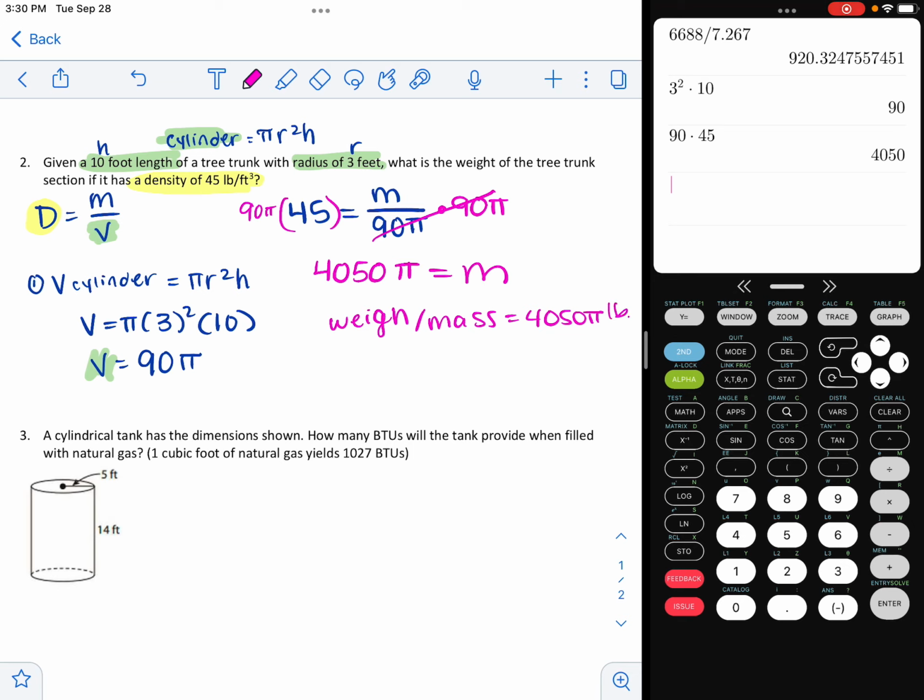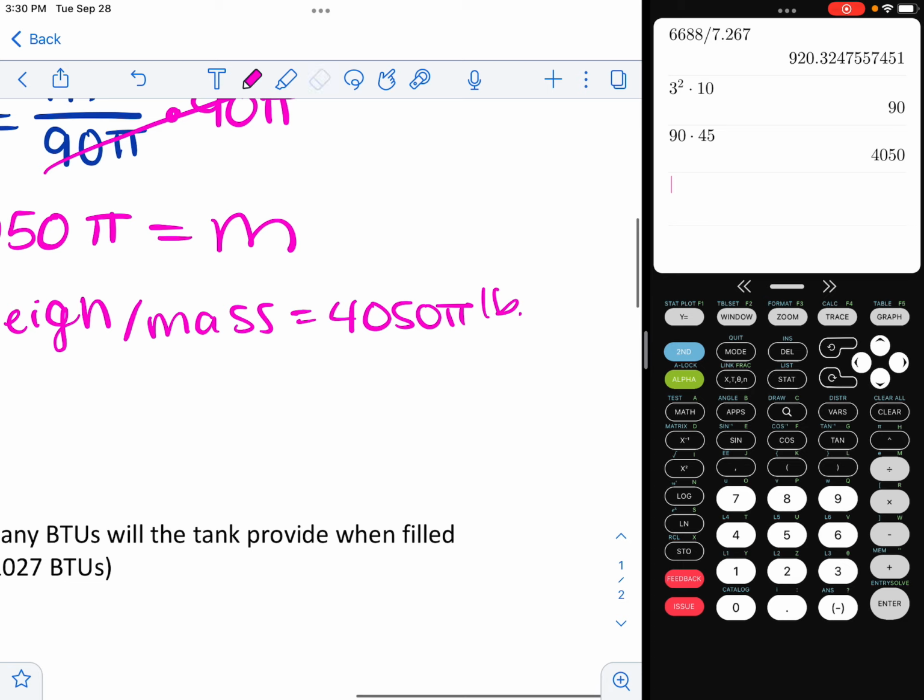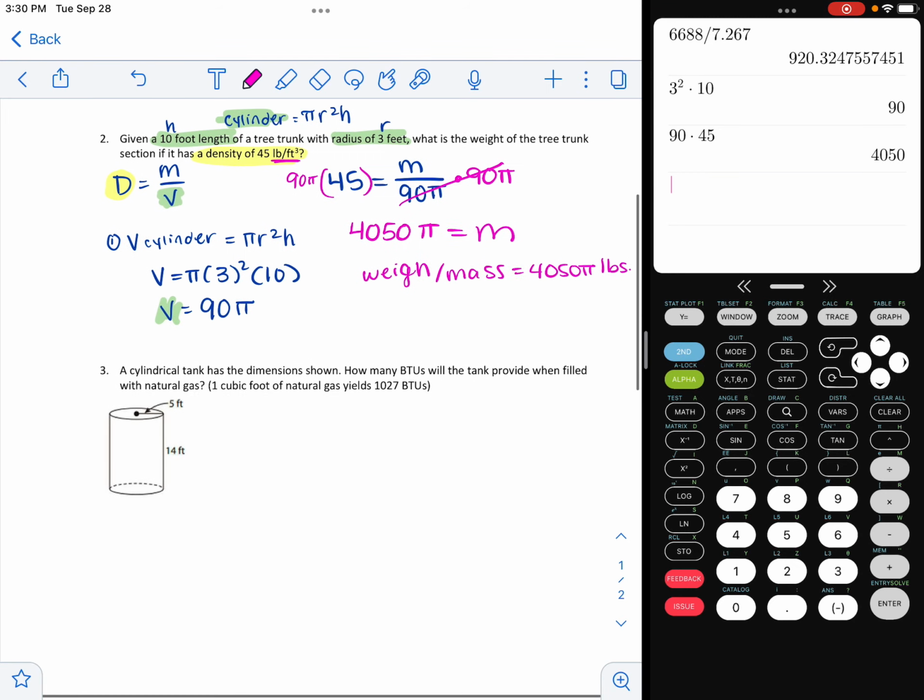I was able to see that by looking at the units of the density itself. Let me clean that up. LBS.